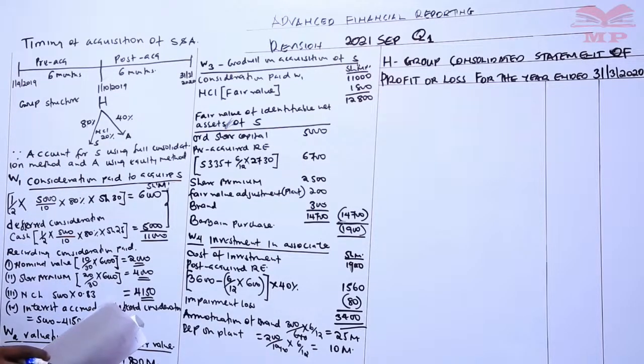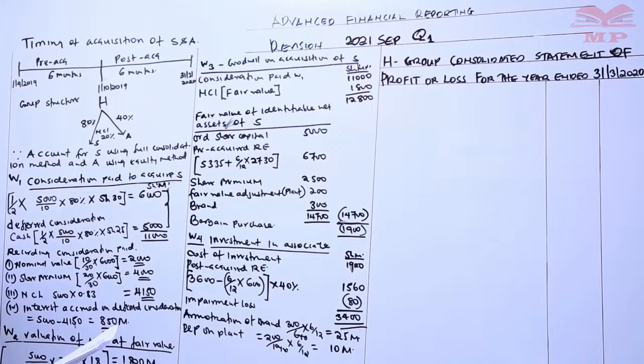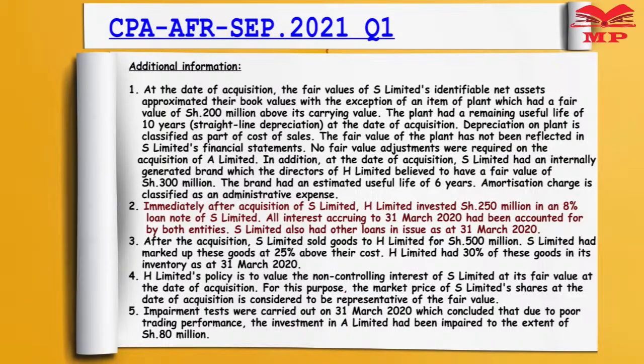Another thing that we can look at, additional information 2, is telling us about intercompany trading. Intercompany trading is a common item between two companies. In this case, it was S selling goods to, no, it should be information 3. Information 2 is that immediately after acquisition of S, H invested 250 million in 8% loan notes of S Limited. All interest accruing on 31st March 2020 had been accounted for by both entities.